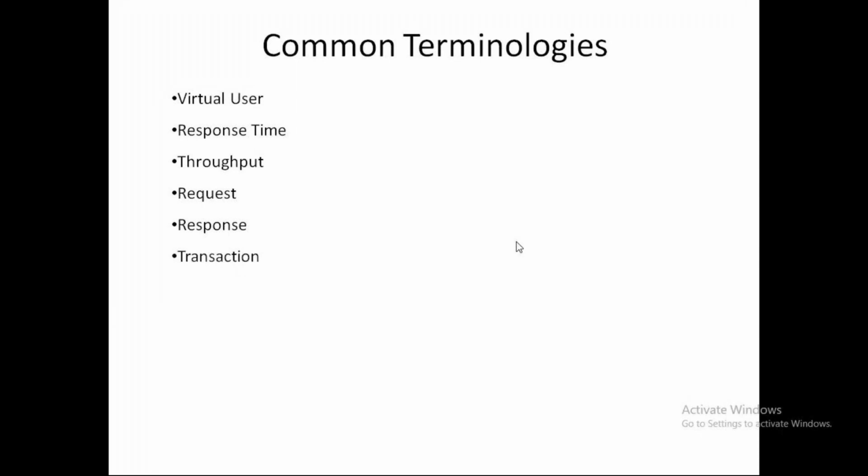Transaction. So whenever you are doing any user action, that user action is nothing but a transaction, and that user action could pass or could fail during our performance test. So your transactions will be either passed transactions or failed transactions.